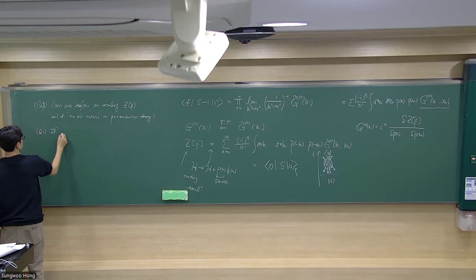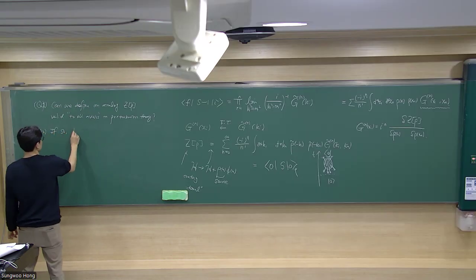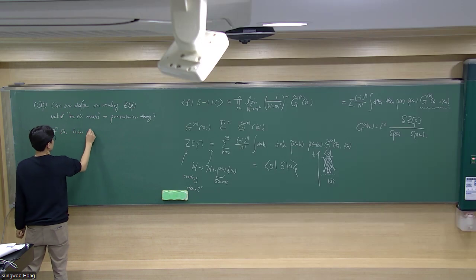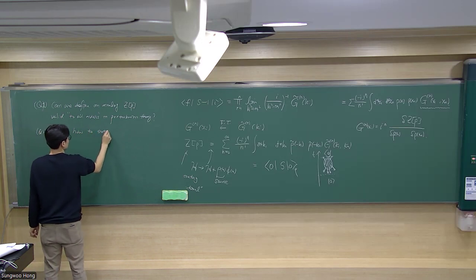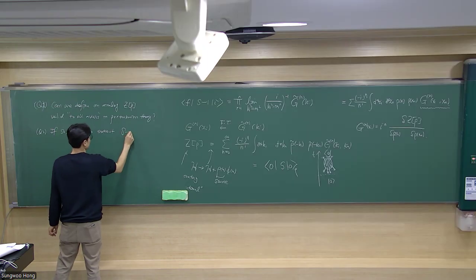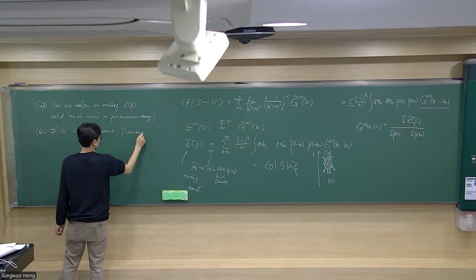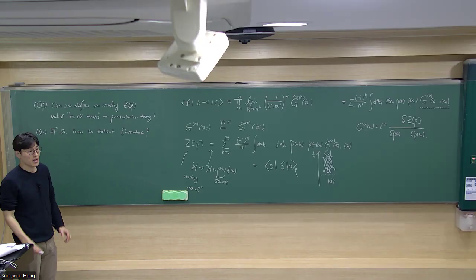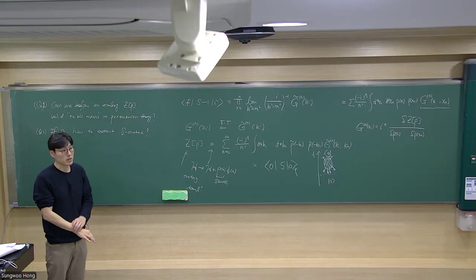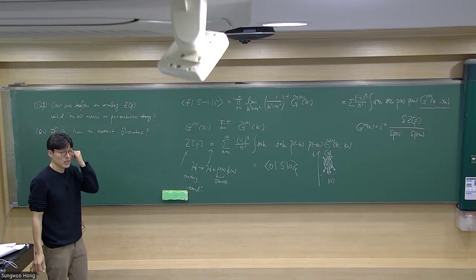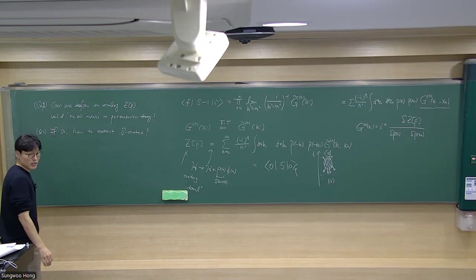And if such an object exists, the next question is how to extract the S matrix out of that, again non-perturbatively. So that's the question. We are going to answer it in the rest of the lecture.